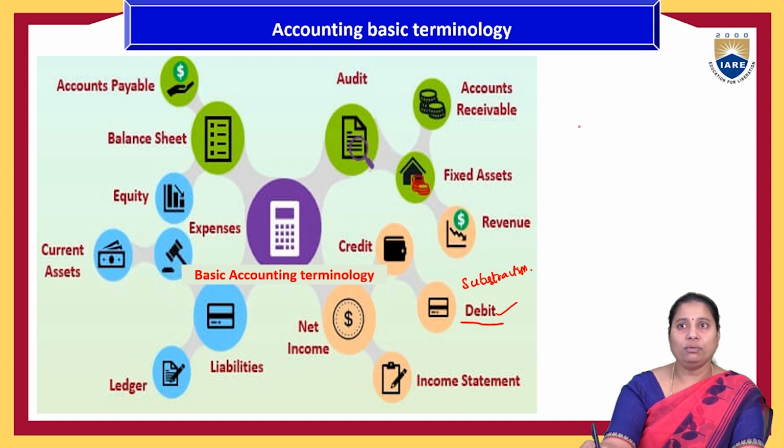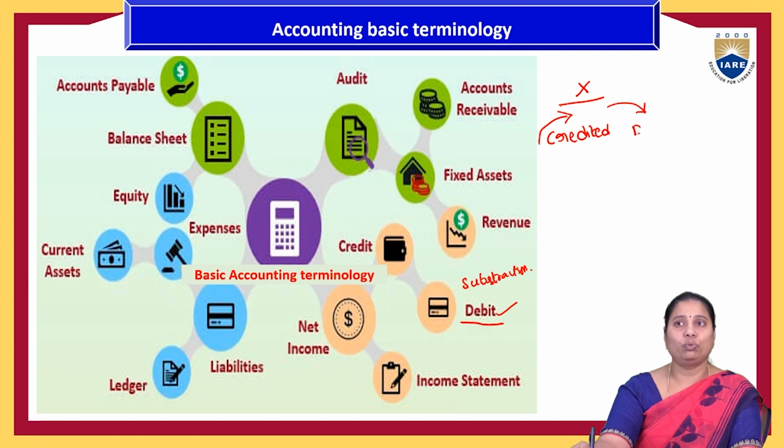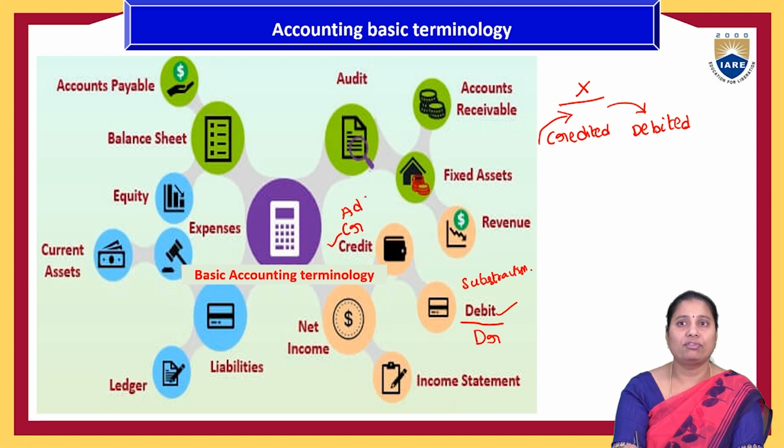Here it is also the same. If it is an X company, if funds come into the organization, we can say the funds were credited. If the funds were spent by the organization, we can say the funds were debited from the organization. In short form, debit can be denoted with DR, whereas credit can be denoted with CR, that is adding of funds.